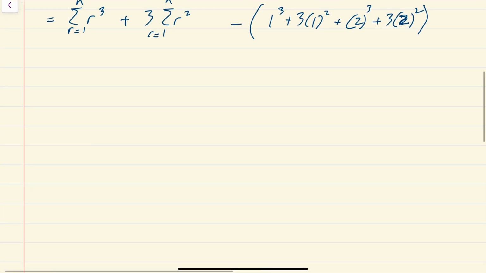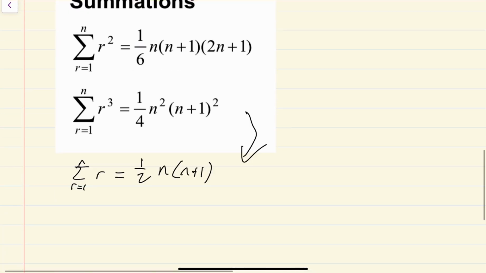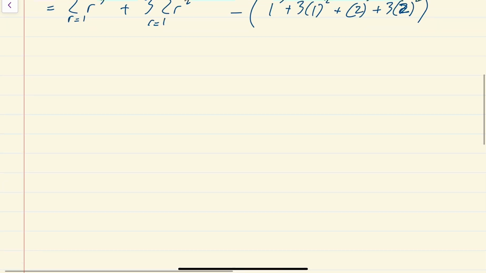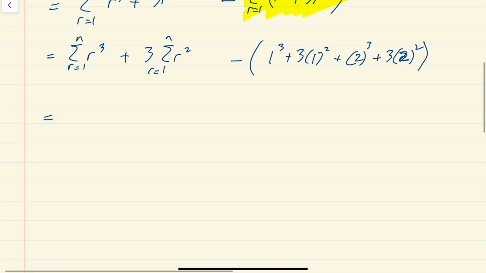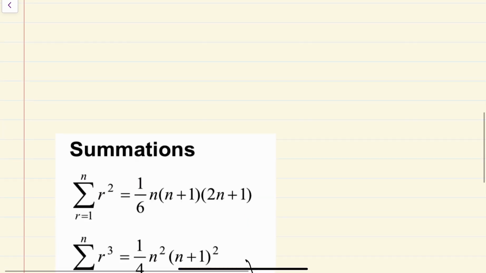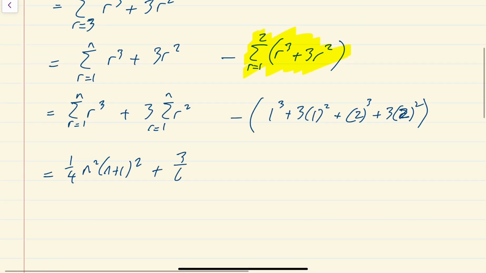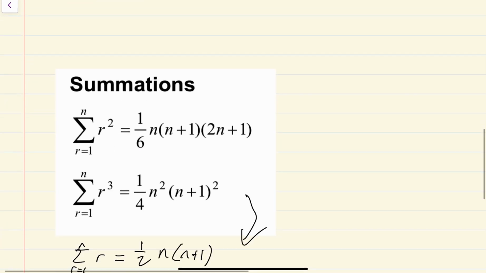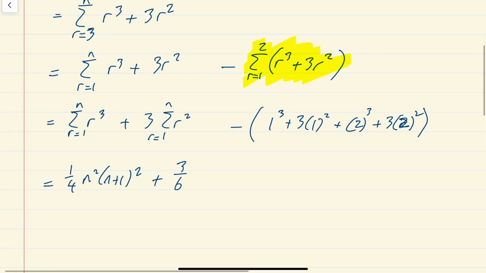Okay, let's go back. What's our r cubed? r cubed is 1 over 4 n squared times n plus 1 squared. And then plus 3 times my r squared, which is 1 over 6, so 3 times 1 over 6 is 3 over 6, n times n plus 1 times 2n plus 1.